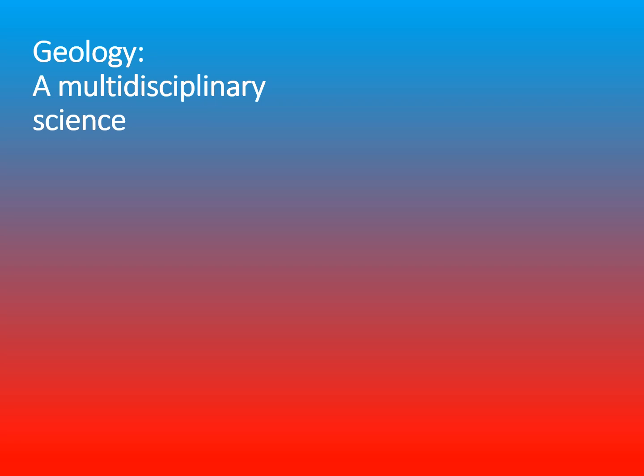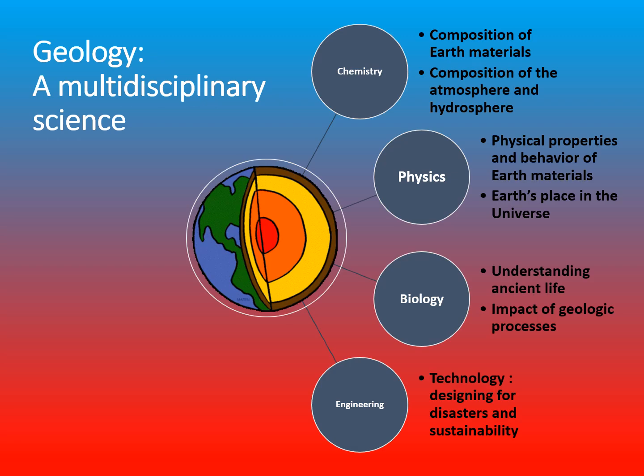So geology is a multidisciplinary science, and it is also referred to as earth science. And as such, it incorporates lots of different disciplines, other scientific disciplines, into its framework, and therefore we call it a multidisciplinary science or an applied science.